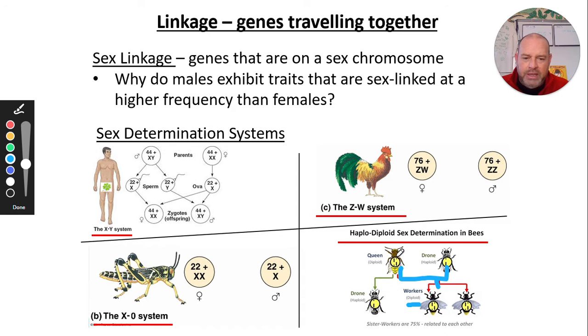But the queen can also sometimes just have unfertilized eggs turn into drones, which are then haploid. And so in this case, you can have sister workers that are 75% related to each other. It's a really different type of system when you think about it, where if the drones do fertilize the queen's eggs, then you get a diploid offspring, and if they don't, they can still have a haploid offspring. So pretty crazy system.